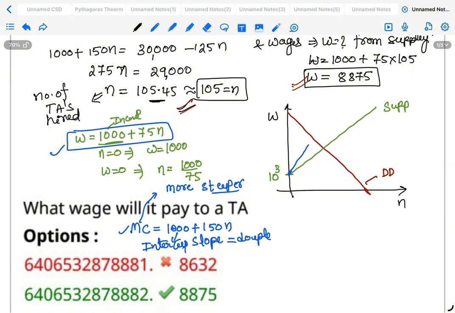This is also an upward curve, the marginal cost.